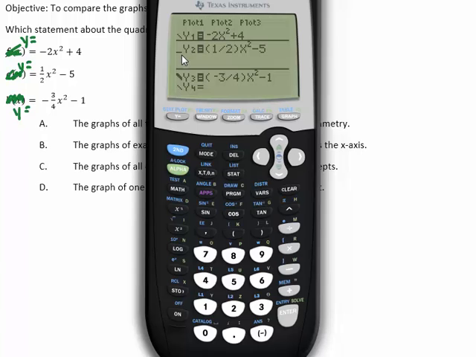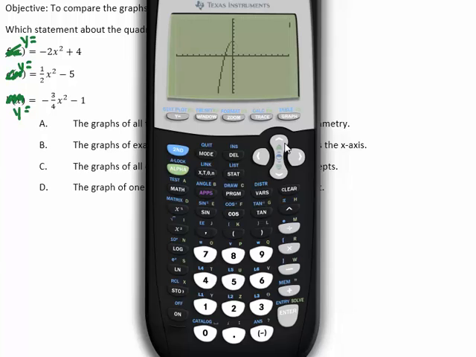Now the first line is solid but thin, second line dashed, third line thick. We hit graph, and it graphs all three and makes them look different: our thin solid, our dashed, and then our thicker parabola.